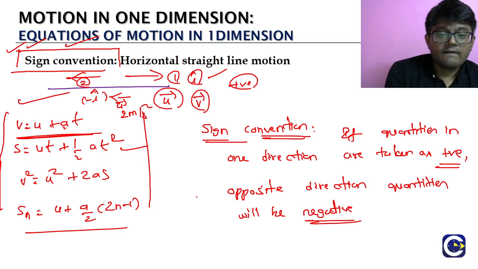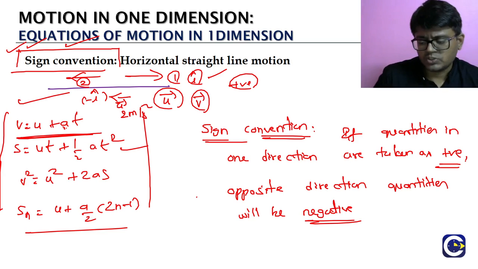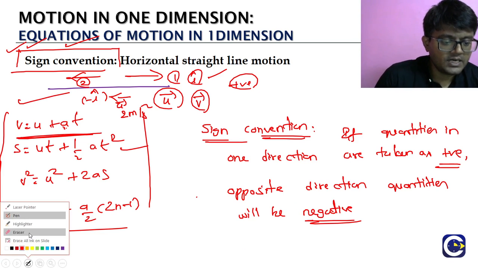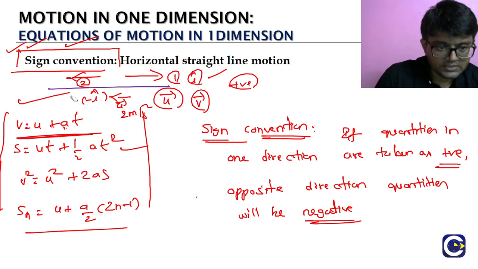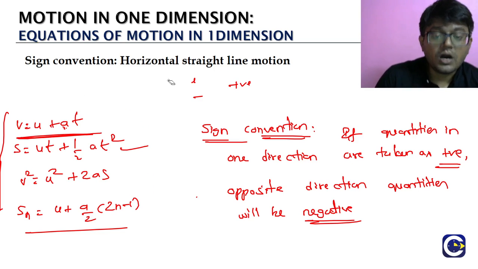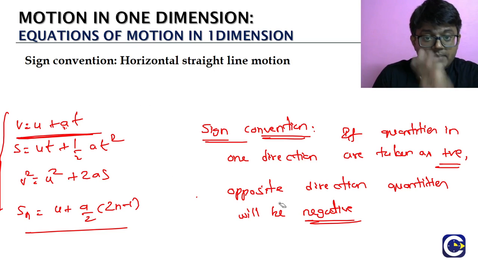Now when it comes to straight line motion, particularly we'll talk about these two examples. One is the horizontal straight line motion, and second will be the vertical straight line motion. So here we'll talk about what sign convention we will follow in the case of horizontal straight line motion. What we are discussing is the basic idea of sign convention.